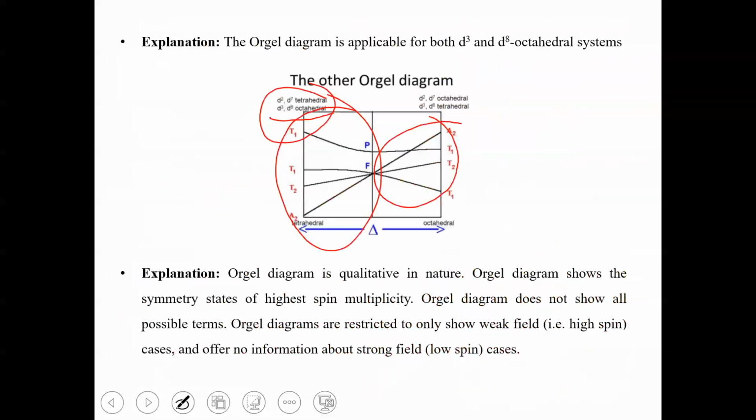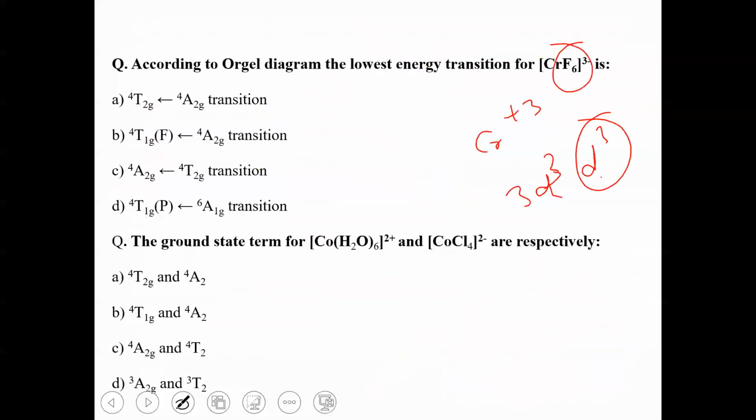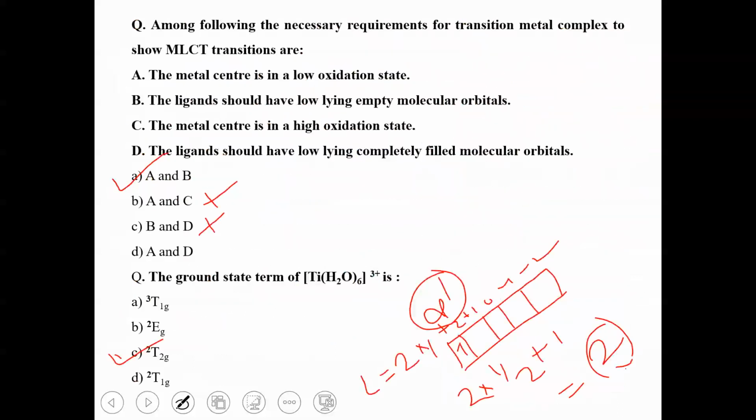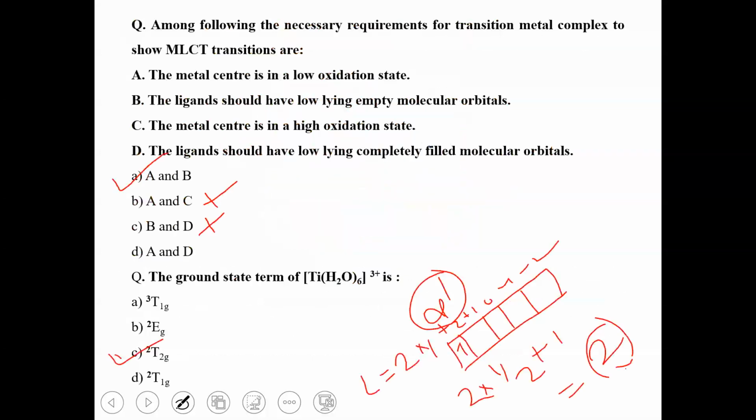If I consider this as the ground state, d3 octahedral will be on this side. So this will be the ground state and this will be the first excited state. So this transition, that is A2 to T2, will be the lowest energy transition, since d3 octahedral is lying on this side.